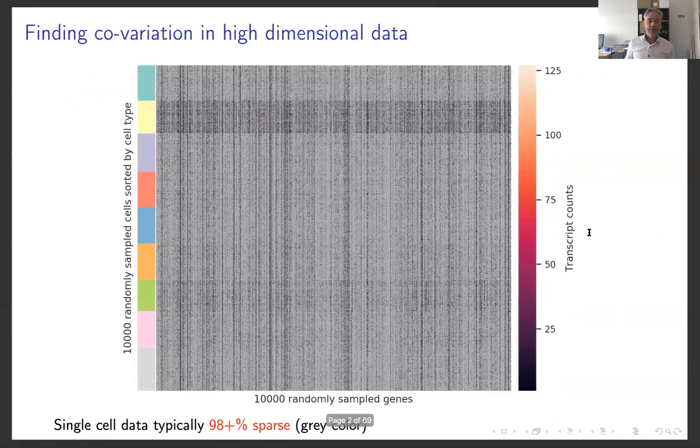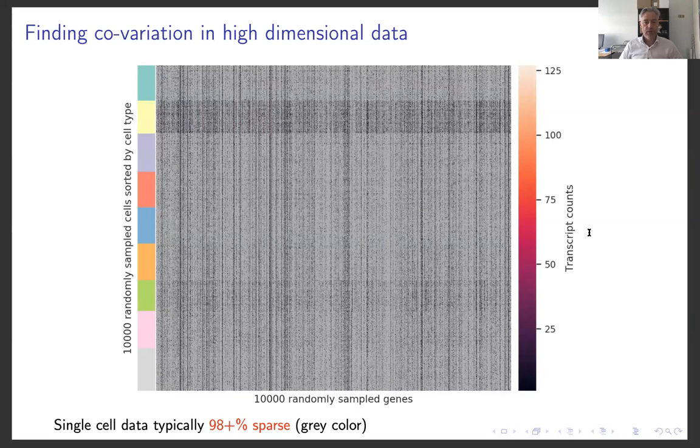Yes, so the motivation for this work is that we often in machine learning work with high-dimensional data. So this is an example of a biological data set, a single-cell RNA sequencing data set.